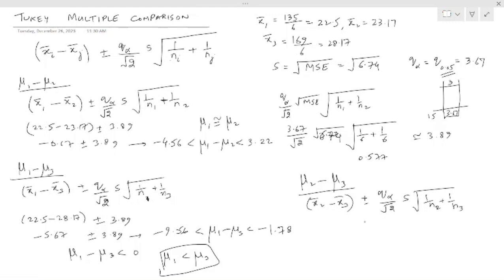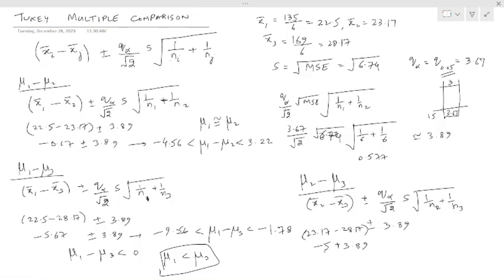But no worries, this has the same value plus minus 3.89, and 23.17 take away 28.17, that are the values of x2 bar and x3 bar respectively, would give us minus 5 as the difference between the two.